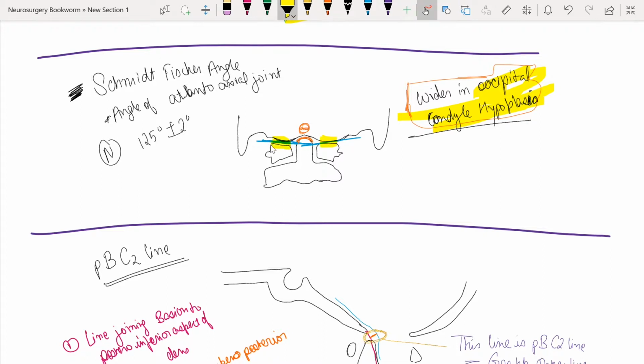This area is the Atlanto-occipital joint, and this area is also the Atlanto-occipital joint. The lines running along this axis on both sides join together to form the Smith-Fisher angle. The normal value is 125 degrees plus or minus 2 degrees, and if it is more than that, then there is occipital condyle hypoplasia.